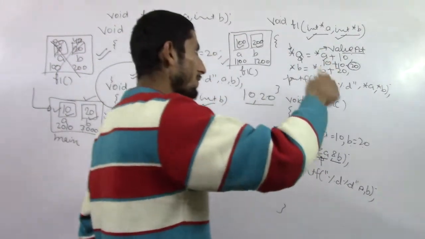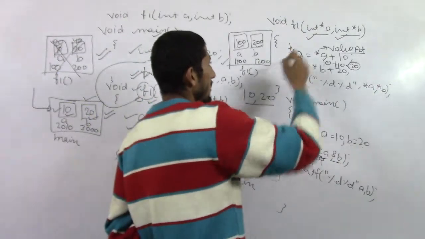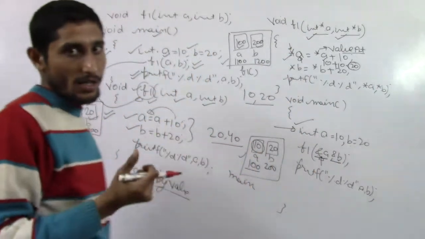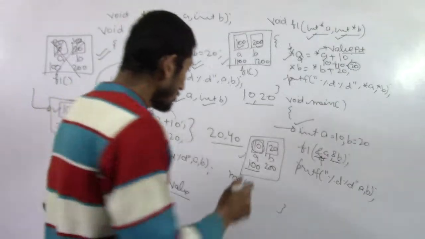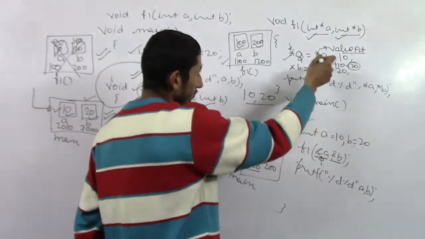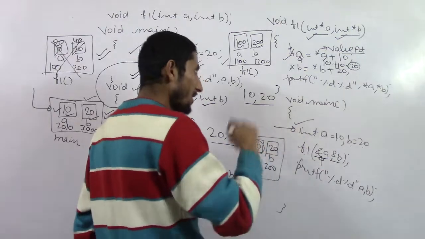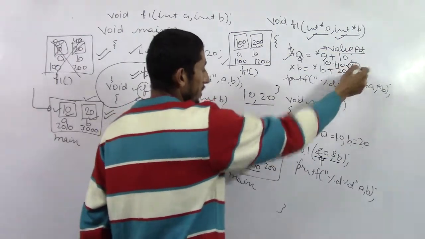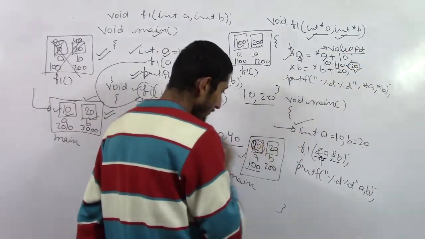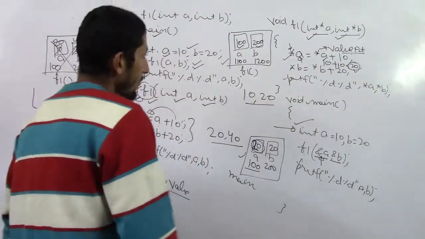Because we are going to save the value, we have put star. We are not going to change the address, we are going to change the value. So what is the value at a? The value of a is 100 and we are going to change the content at a to 20. So it becomes 20.